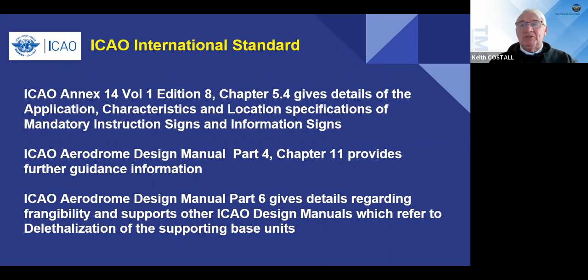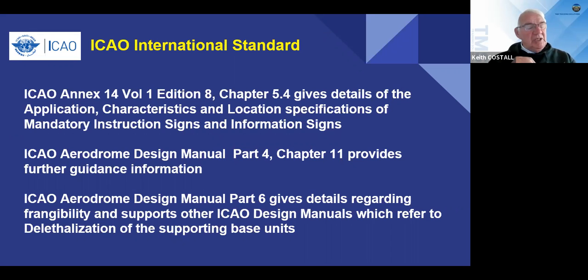And it's broken up into chapters. Chapter 5 is about the visual aids, and within Chapter 5 it gives details of many things associated with airfield ground lighting, or aeronautical ground lighting, which is the formal name for it. We call it simply AGL. And in AGL, it's the application, the characteristics, the location of where we put our systems, including the guidance signs.